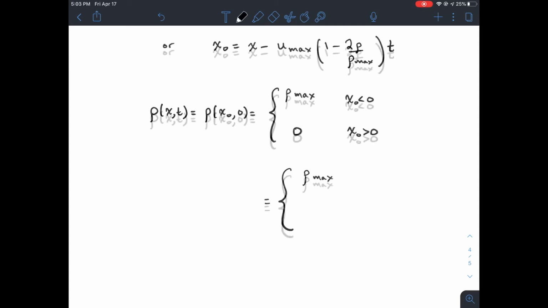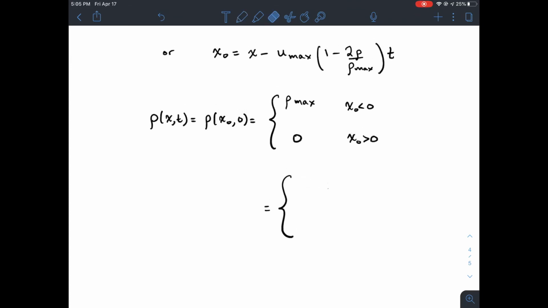Again, it might be easier if we just erased this and looked at it step by step, because there's a lot of little constants to keep track of. So let's just look at it step by step and then put it in the answer in the end. For x naught less than 0, I know that my rho is rho max.